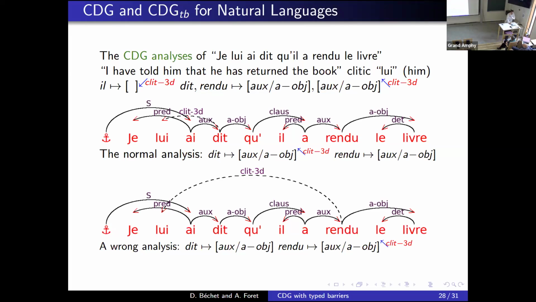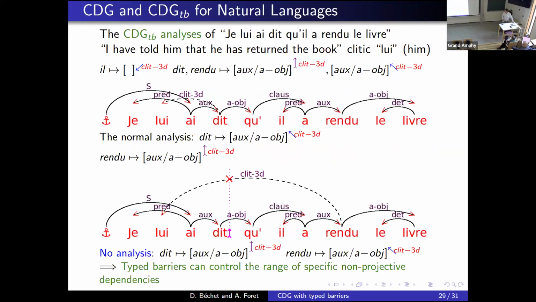We can limit this non-predictive dependency using a barrier somewhere. In this example, I put this barrier on the verb dit. This barrier inhibits the non-predictive dependency on the RP, and we only have one solution, which is the normal analysis.